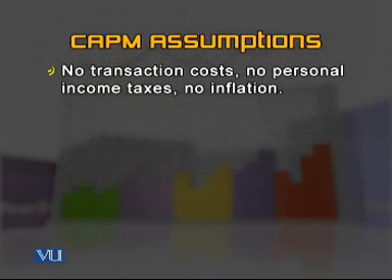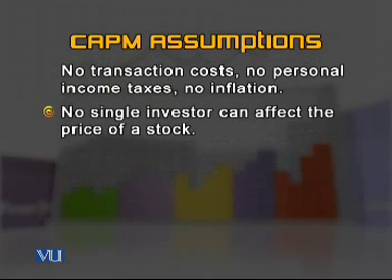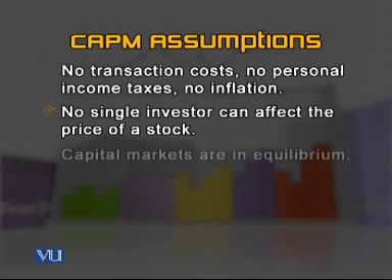Plus, there are no transaction costs, no personal income taxes, no inflation, and no single investor can really affect the prices of a stock market, because the stock market is too big for a broker, too big for an investor. It would need some bigger forces to make an impact, and capital markets are in equilibrium.